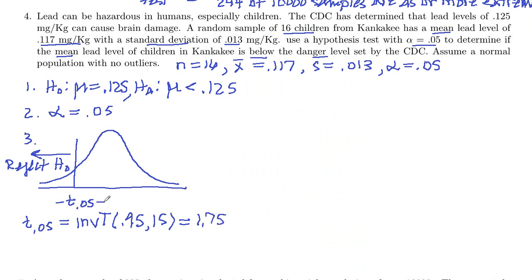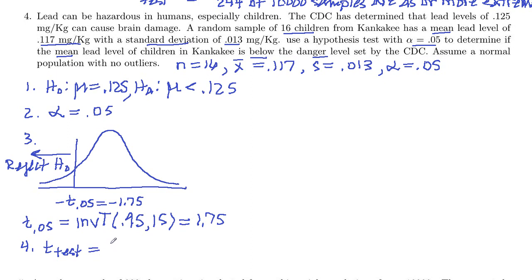So that means that this value here is negative 1.75. And then step number 4 is to compute our test statistic. So our t-test here. And again, we're using t-distribution because we're given sample mean, not population. That's the only way that we did it.